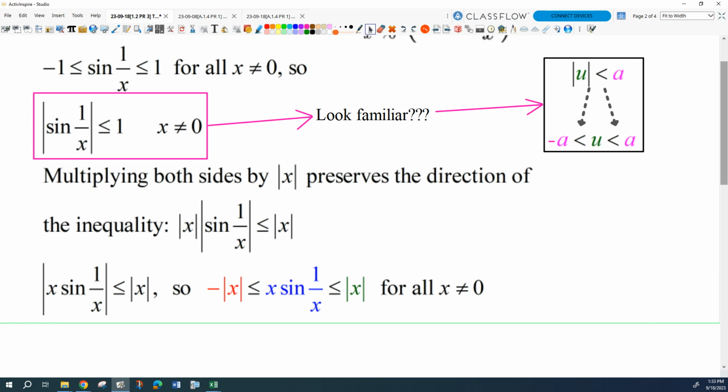Oh, by the way, if I multiply two absolute values together, there's a little property here. You guys tell me, what is the absolute value of A times the absolute value of B equal to? What's the magnitude of that going to be?